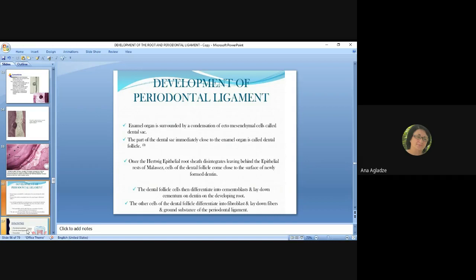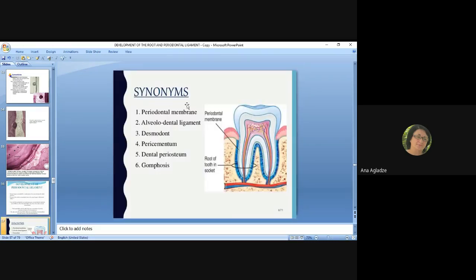And here you can see the synonyms of periodontal ligament. This is periodontal membrane, alveolar dental ligament, desmodont, pericementum, and dental periosteum and gomphosis. These are all synonyms of periodontal ligament. You can see this periodontal ligament attaches the alveolar bone to the cementum.